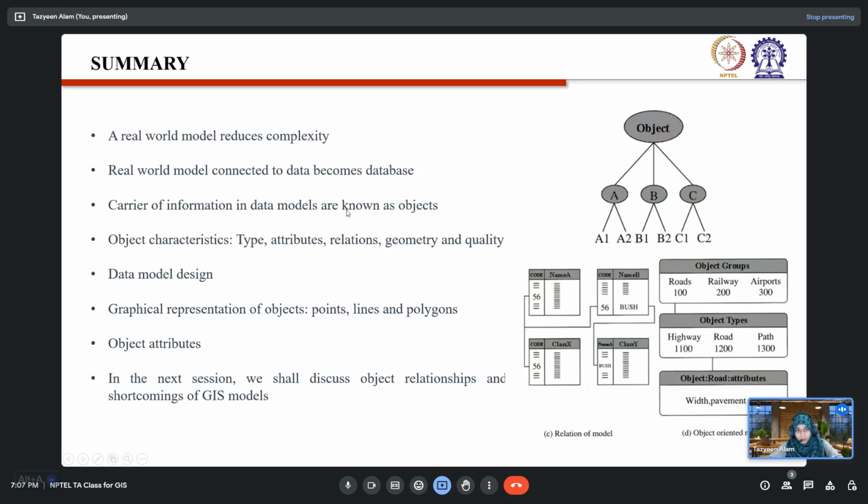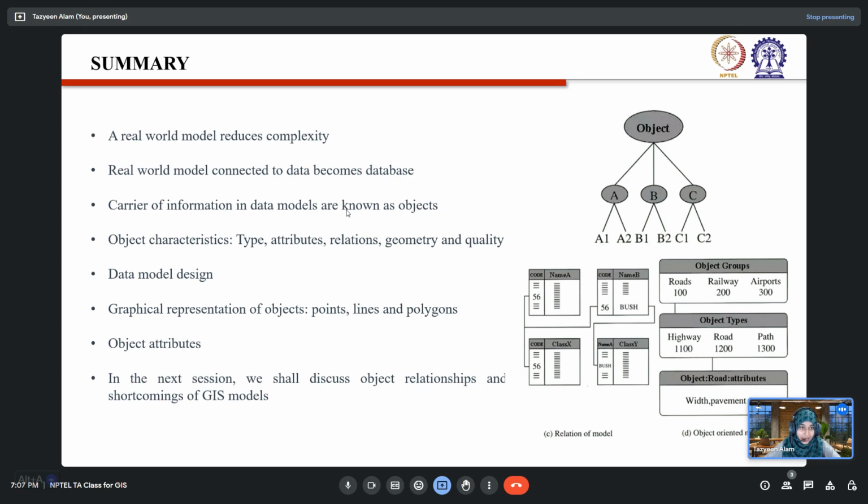Now we finally come to the summary of today's lecture and this session. What have we tried to understand? We have tried to understand that a real world model reduces complexity. A real world model is also connected to data and it becomes a database, right?